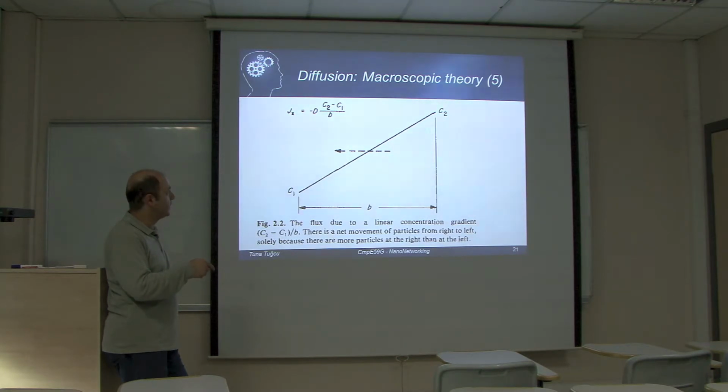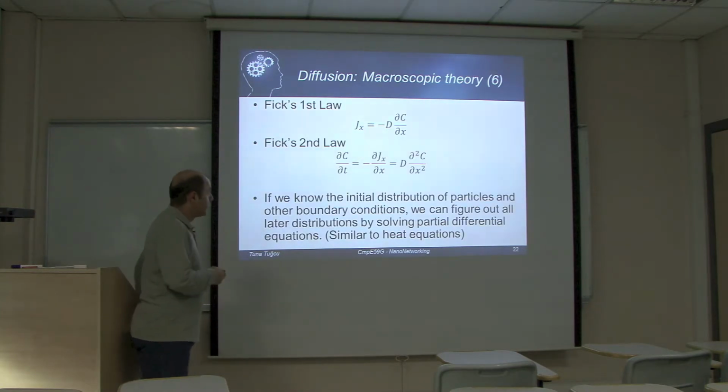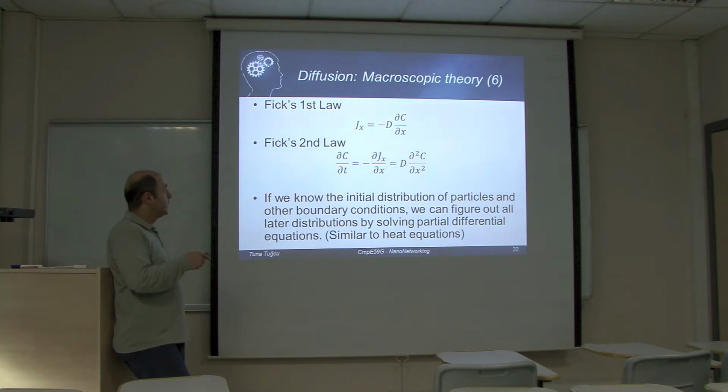If C2 gets lower, closer to C1, this flux will decrease. If they're equal, it will be 0. If C2 becomes lower, then the flux will change direction. Okay? So that is actually the first law of Fick's.